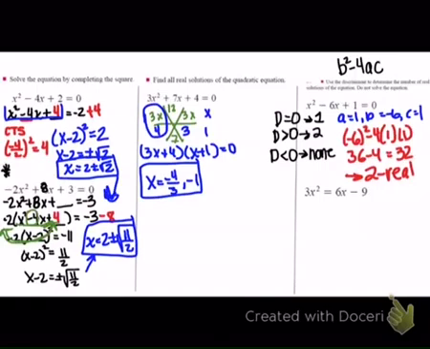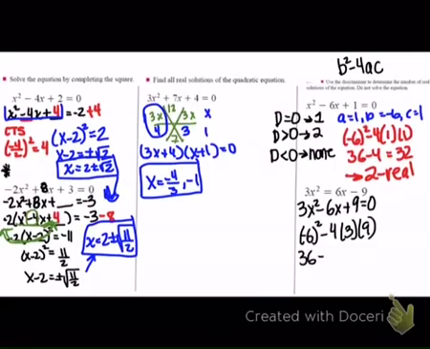Doing the one on the bottom, I want to bring everything over to the left-hand side. b squared minus 4ac, positive 36 minus 12 times 9. 36 minus 108.